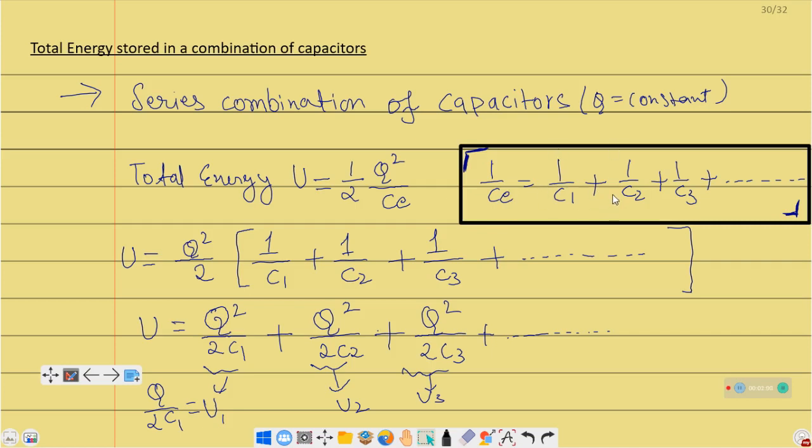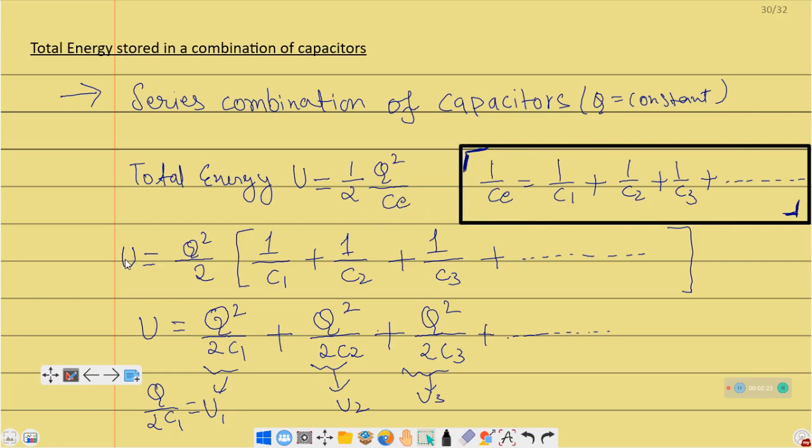and we know that the equivalent capacitor in series combination is 1 upon Ce equal to 1 upon C1 plus 1 upon capacitance of second capacitor plus 1 upon capacitance of third capacitor, and so on. So we have to put this equation in place of Ce.